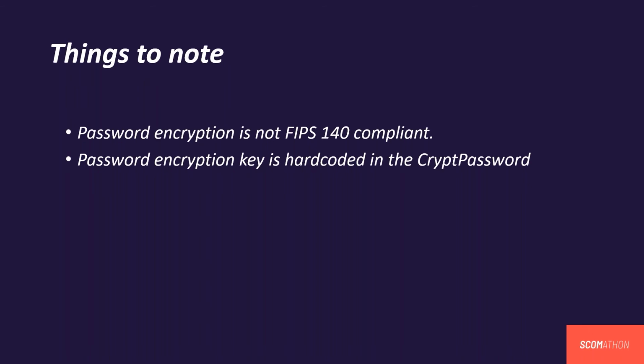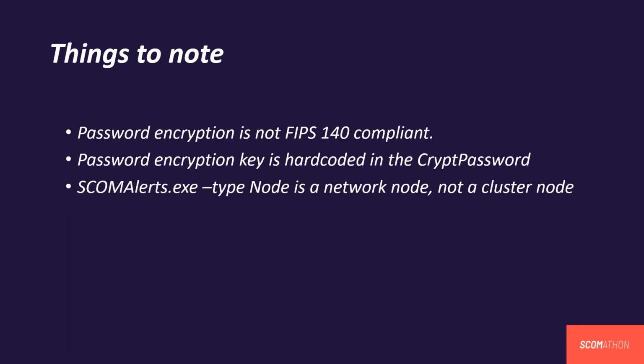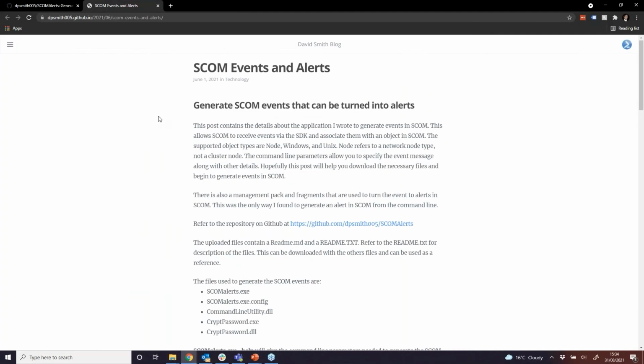That's why I didn't make that available. So you'd have to write your own encryption if you wanted to change that to meet your company's standard. Again, just note in the SCOM alerts that the type of node is actually a network node, not a cluster node. Makes sense.